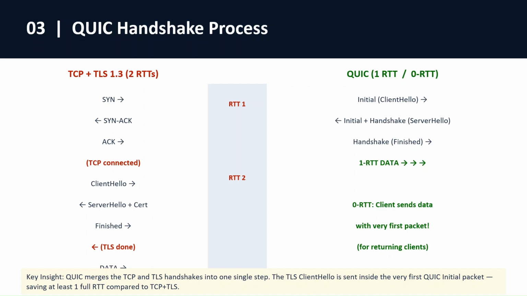First, the SYN, SYN-ACK to establish TCP. Then the TLS client hello and server exchange for encryption. That's at least 200 milliseconds on a typical connection before a single byte of your web page starts arriving. That's a lot of time in today's world.